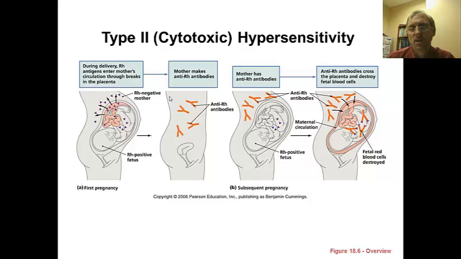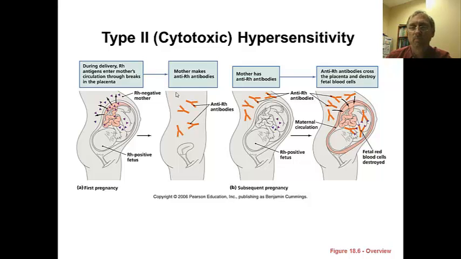Because it's an IgG, the IgG can cross the placenta, and then in the second pregnancy, over here on the right, the IgG anti-Rh antibody enters into the baby's circulation, leading to complement-mediated lysis of red blood cells, just like we saw in the previous slide.